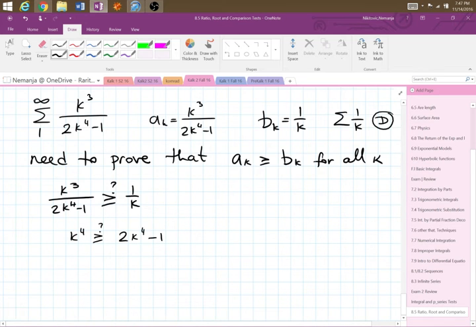Bad choice, right? Do you see it's a bad choice? I need to add the 2. Would that change any divergence or anything? Absolutely not. Would it help us in our proof? Of course, because you have 2k to the 4th, 2k to the 4th, and this one has minus 1, and that's a smaller side. So it holds. True.